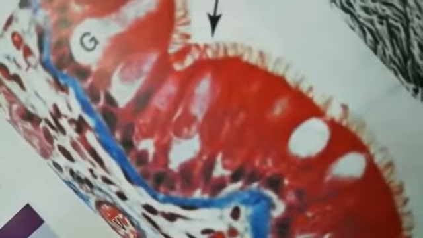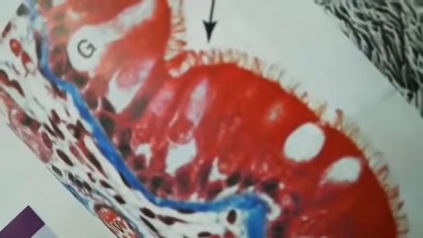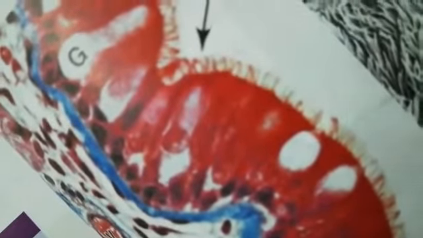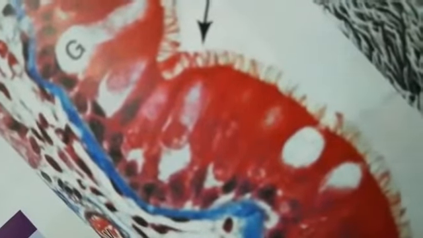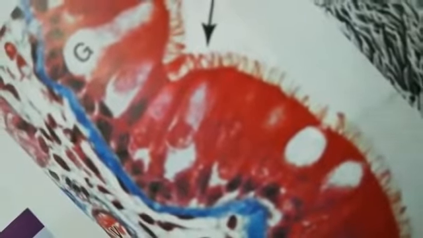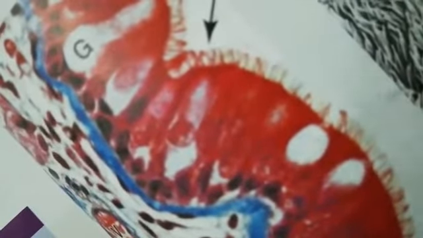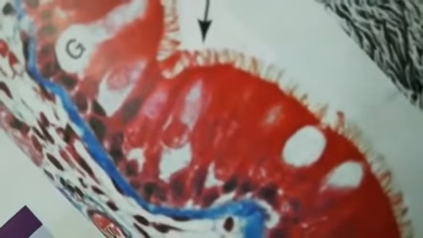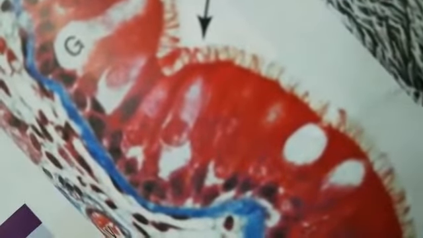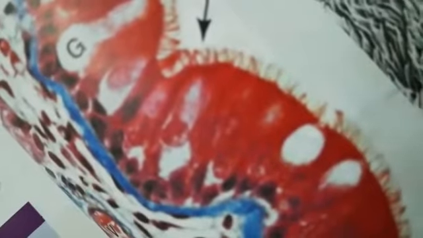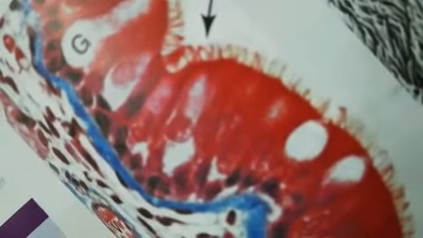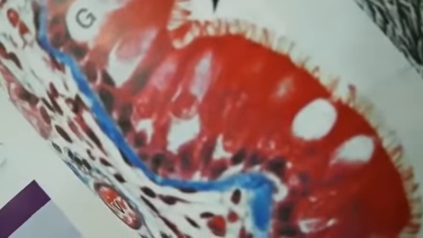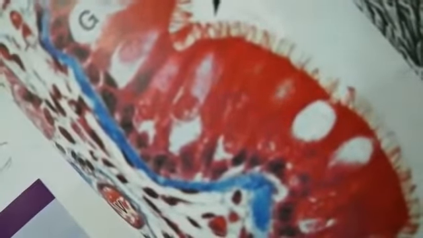Then there is another variety of cell which is less numerous, called brush cells. They are also columnar cells acting as chemoreceptors, sensory receptors, and they make synapses with afferent nerve endings on their basal surface. Then there is another variety, small granule cells, also called Kulchitsky cells.